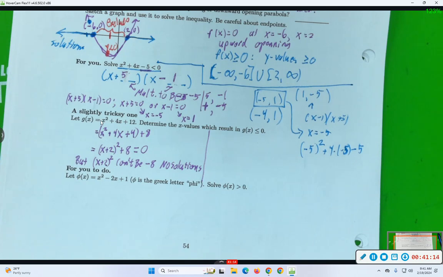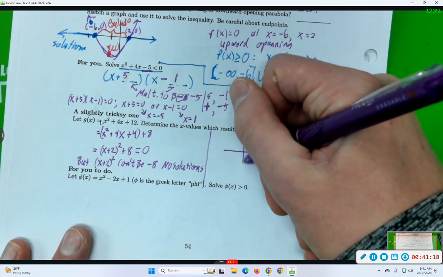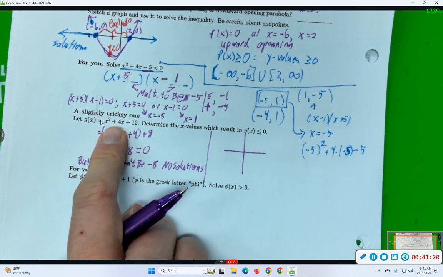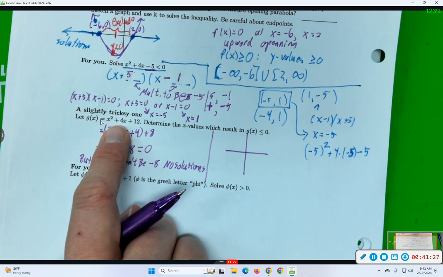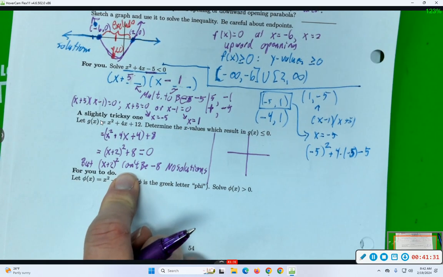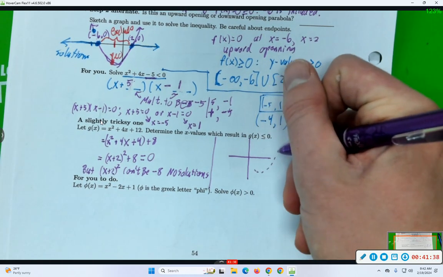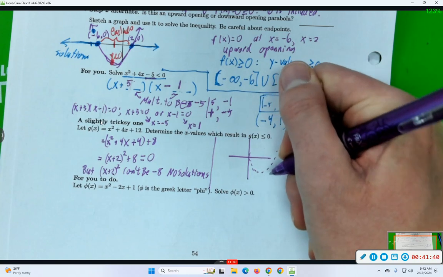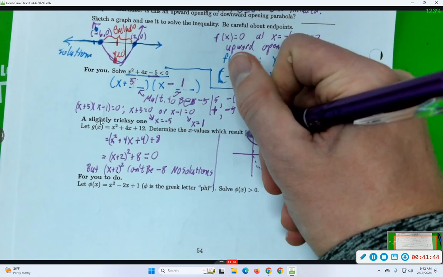Well, let's think about it. Maybe I'll think about it via graphing. Upward opening parabola or downward opening parabola? Upward opening parabola. And it never crosses the x-axis, because it has no x-intercepts. So I guess that means, because it's upward opening, it just always has to be above. Right, if the vertex were down here, well, it would have to cross the x-axis. So, whatever the graph looks like, it'll look something like that.